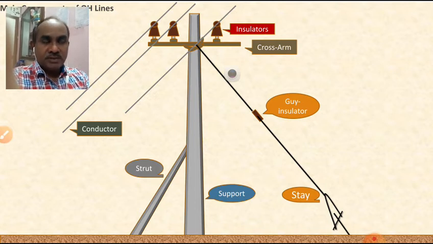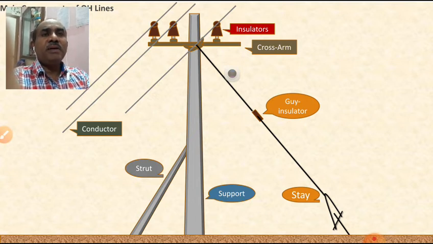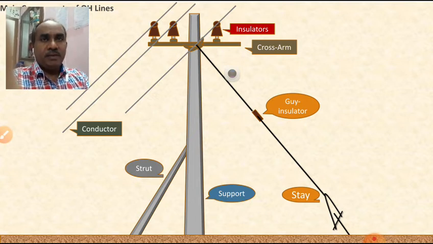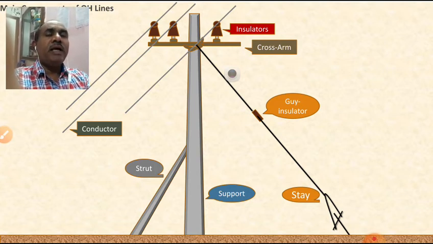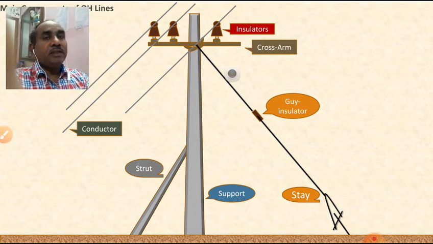Next, what is the length of the wire, whether phase wire or neutral wire. Sometimes we can use a GI wire also for earthing purpose. And wherever we are using the shackle insulator, that may be starting and ending at corner, at that place we must use the stay sets.